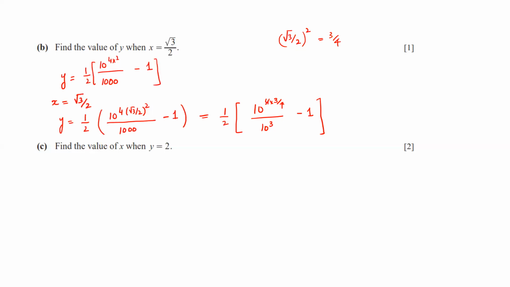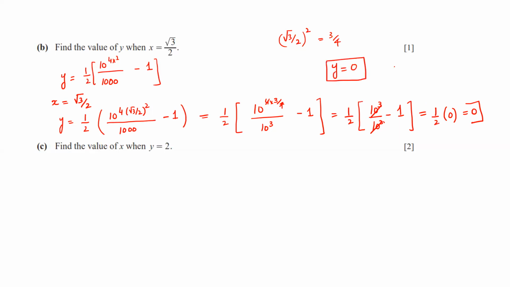This 10 power 3 and 10 power 3 cancel each other out. So 10 to power 3 minus 10 to power 3 goes to 0, and 1 by 2 multiplied by 0 is equal to 0. So the answer is 0. So y is equal to 0.